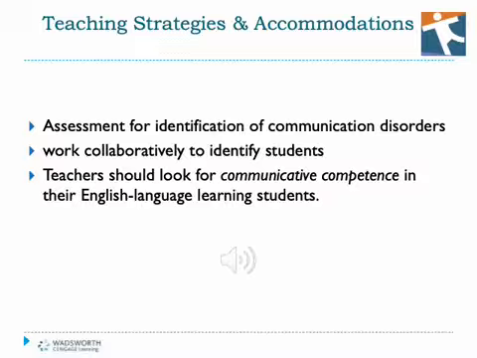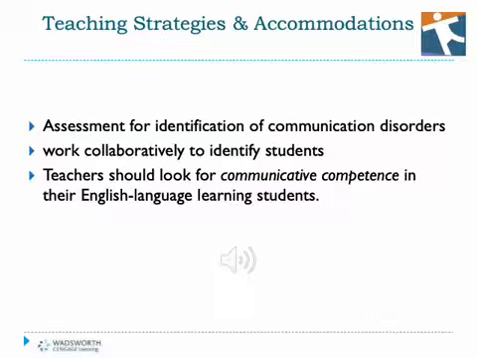We will start with assessment for identification of communication disorders. The research shows that in best practices, teachers and speech language pathologists work collaboratively to identify students with communication disorders.